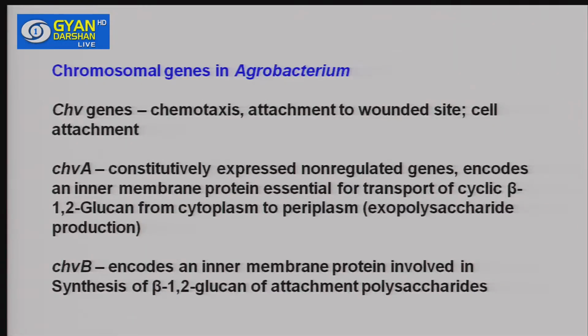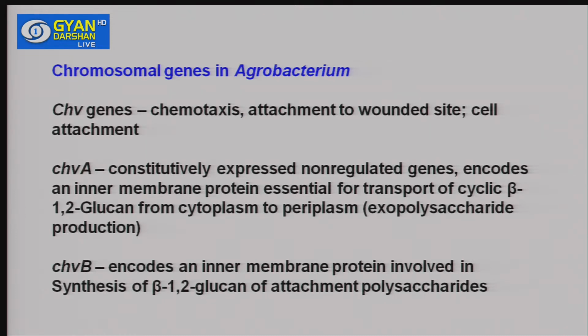Now, in addition, there are certain chromosomal genes in Agrobacterium, like CHV genes. As I told you, Agrobacterium needs to attach itself to the wounded site. Whenever there is a wound, the Agrobacterium will undergo chemotactic movement, and therefore it will colonize there and attach to the cell at the wounded site. And for that there are certain genes called the chromosomal genes, like CHVA.